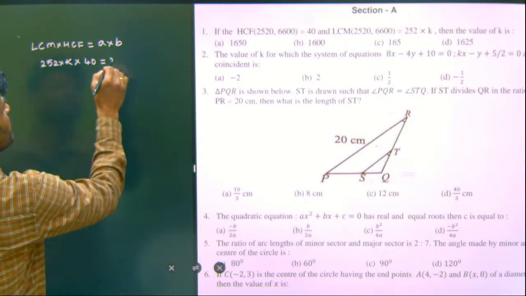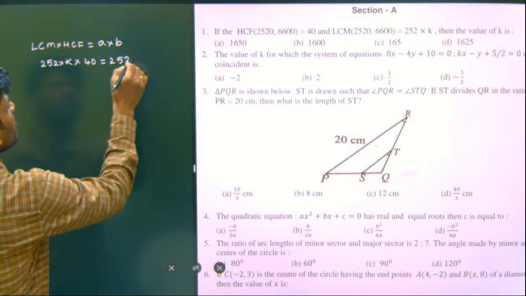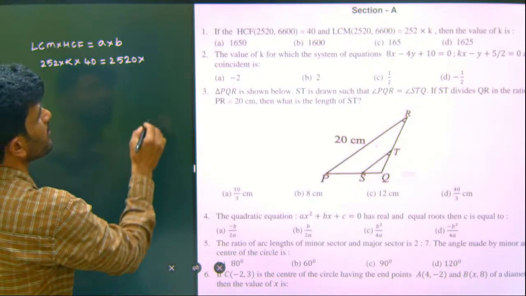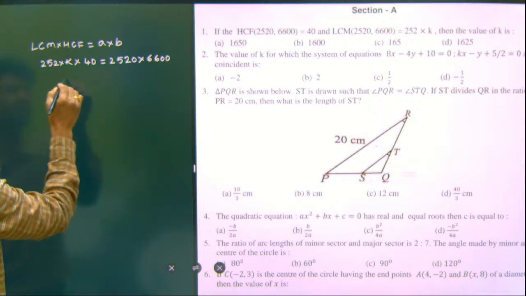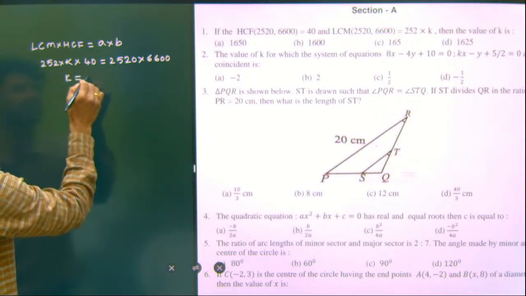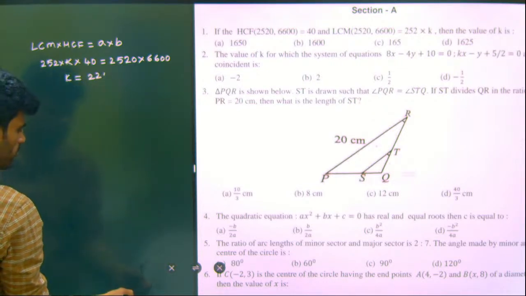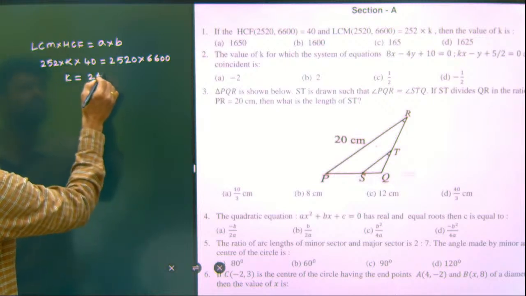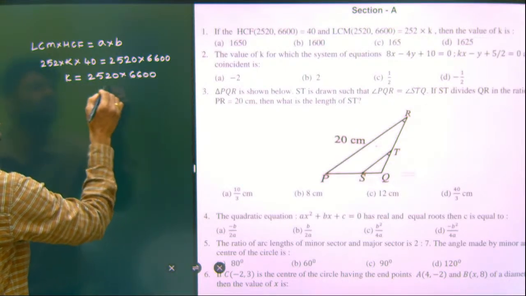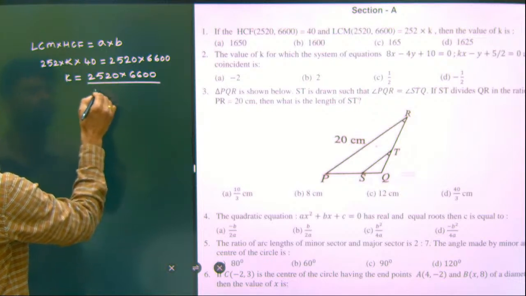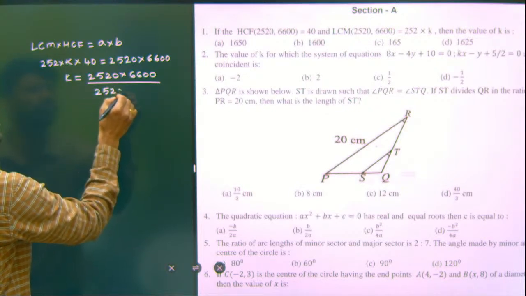A is 2520 and B is 6600. We want the value of K here. K is equal to 2520 into 6600 by 252 into 40.